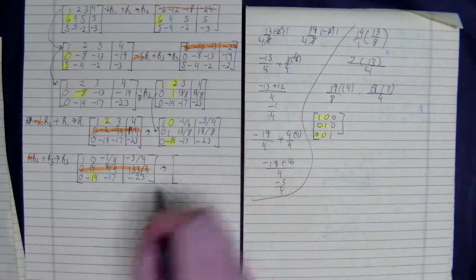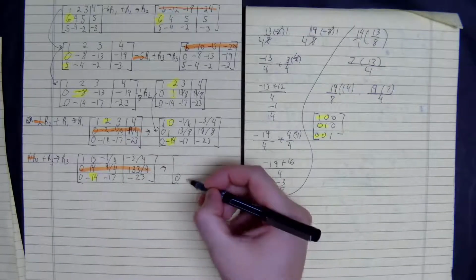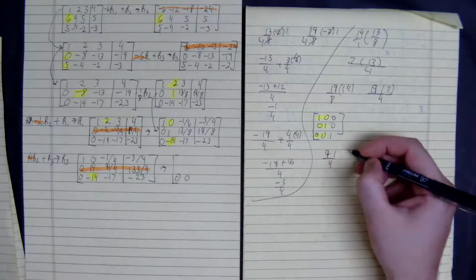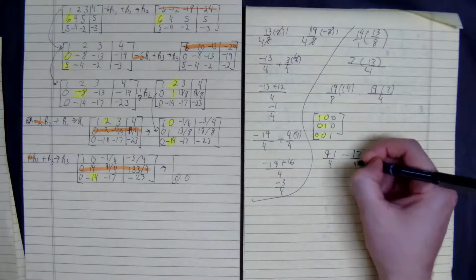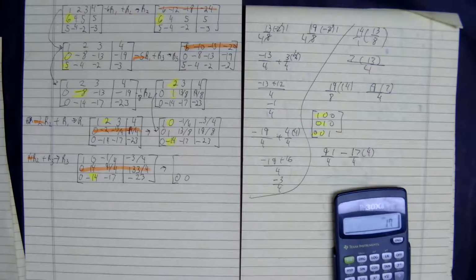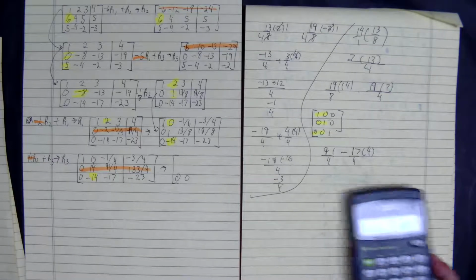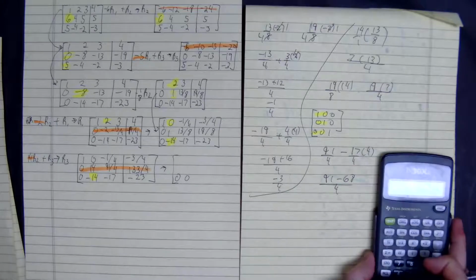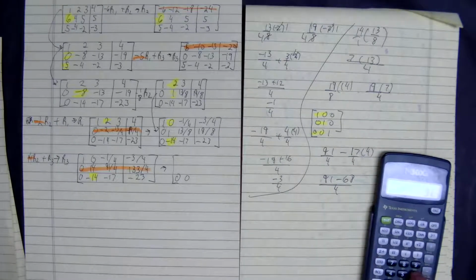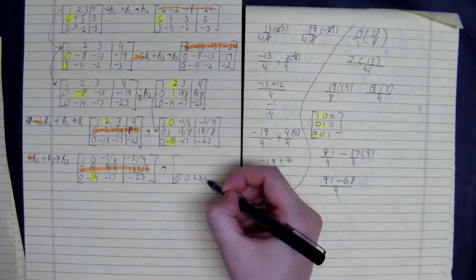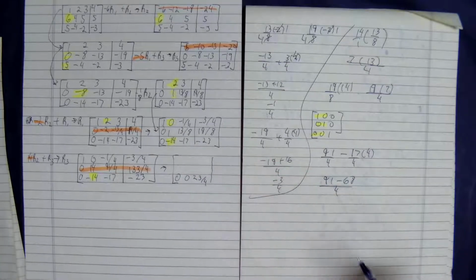0 plus, because we're doing row 2 to row 3, 0, 0, and then we have right here 91 fourths minus 17 divided by 4, multiplied by 4, 17 times 4 gets you 68, so 91 minus 68 over 4. 91 minus 68 gets you 23 over 4. So 23 over 4 is what we have so far.